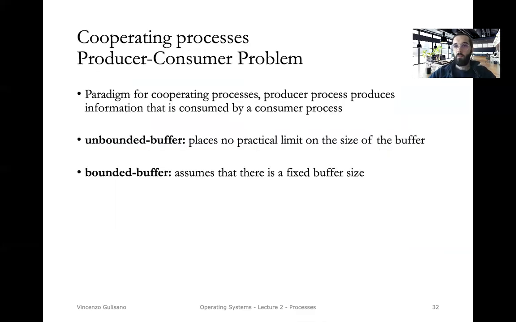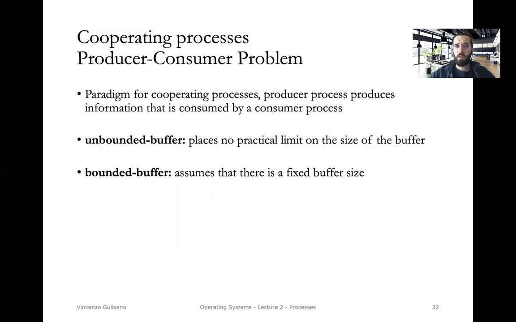Independently of which one of the two methods you use, you always have the producer-consumer problem when you have communication between processes. And it's about decisions you have to take about the modes in which the different processes will communicate, okay?